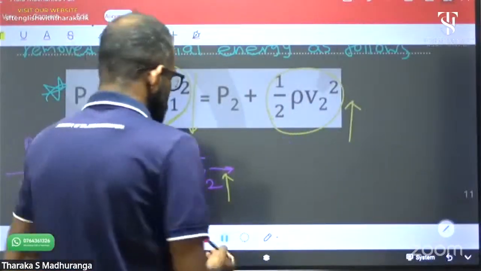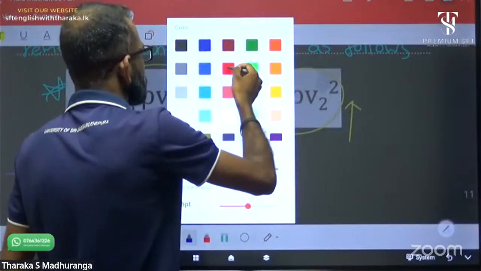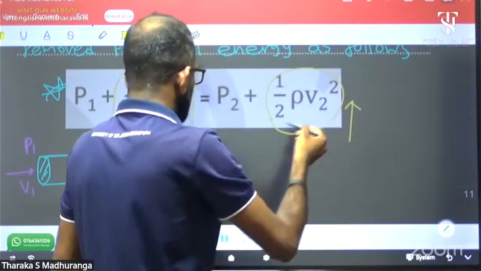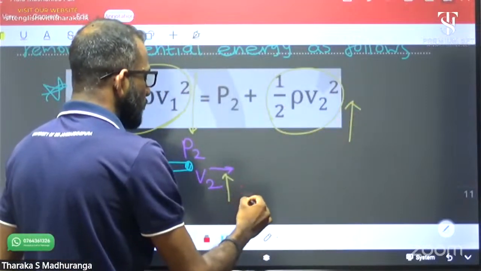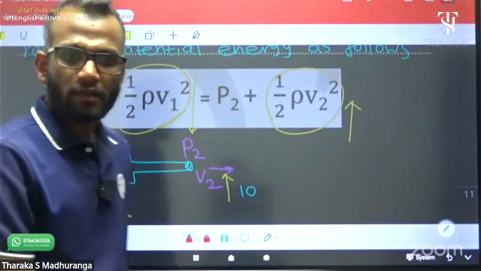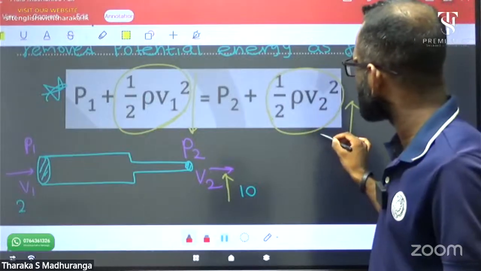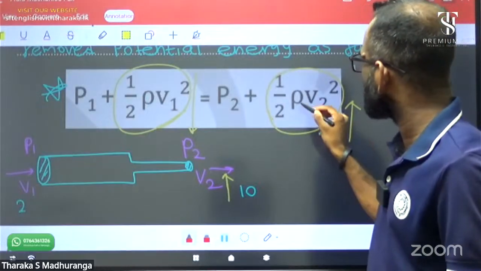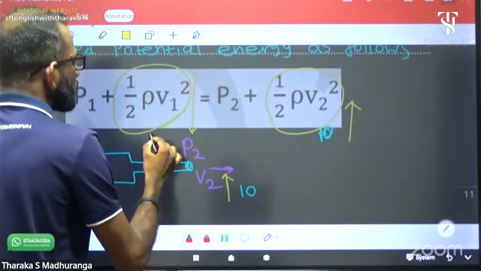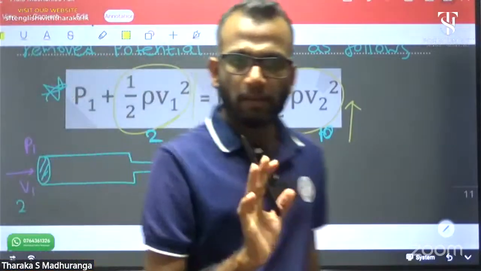Now let's think, very simple, take it simple. Suppose this velocity is 10 and this is 2. Due to that, the kinetic energy at V1 is 10 and the kinetic energy at V2 is 2, for example.